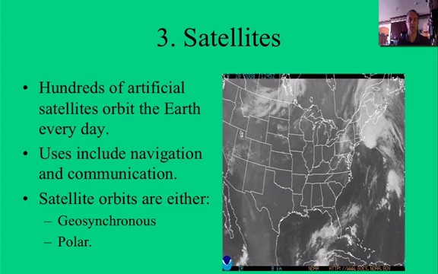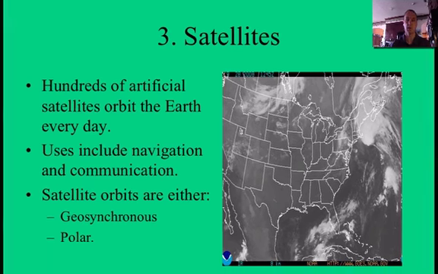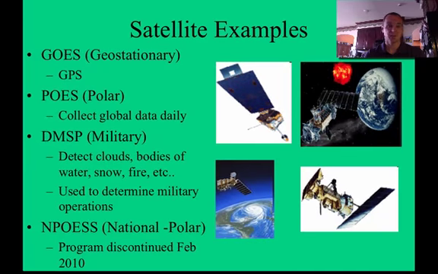Polar are ones that go from one pole to another around the Earth, and they usually go around the Earth more than one time a day. Some examples: you've got your GPS, or your geostationary, which are your GPS type of devices. You've got ones collecting global activity as they pass, which are your polar ones.